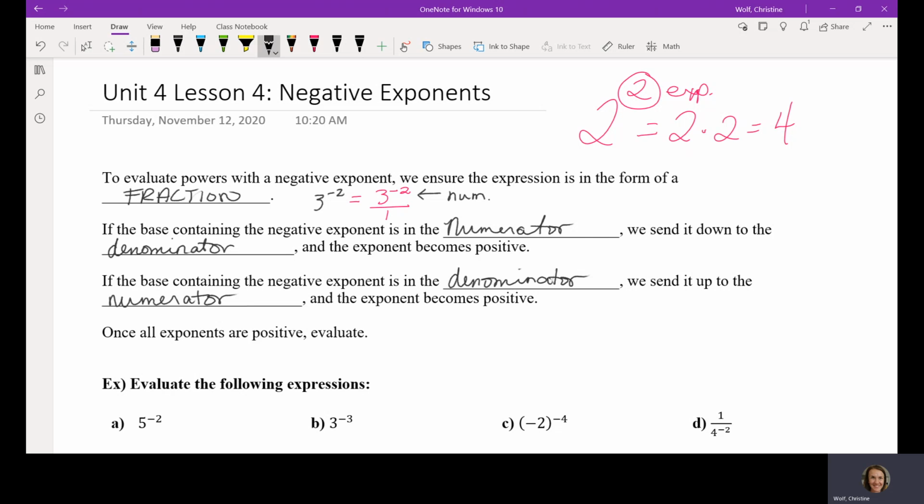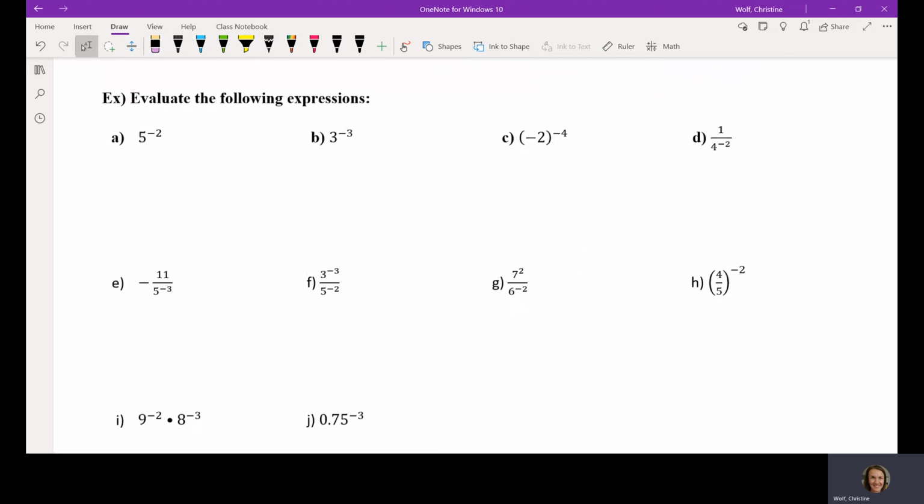So, first example here. Evaluate the following expression. Here we have 5 to the negative 2. In order for us to be able to solve that, the first step said, make sure that this looks like a fraction. So all we have to do is put it over 1 and boom, we have it looking like a fraction. The next thing it says is, if the base with the negative exponent is in the numerator, which it is, that 5 is in the numerator, send it down to the denominator.